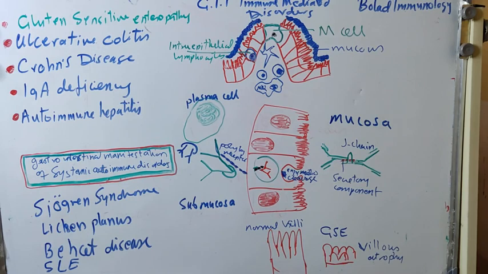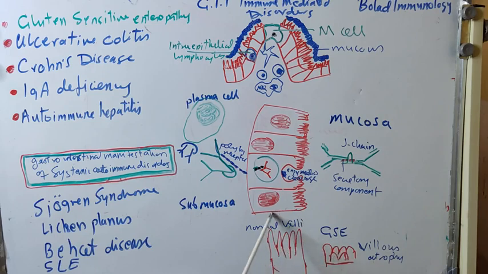This disease is known as celiac disease or gluten sensitive enteropathy. Patients with celiac disease or gluten sensitive enteropathy suffer from loss of weight, diarrhea, and many things related to upset of the gastrointestinal tract, and this is due to atrophy of the villi.